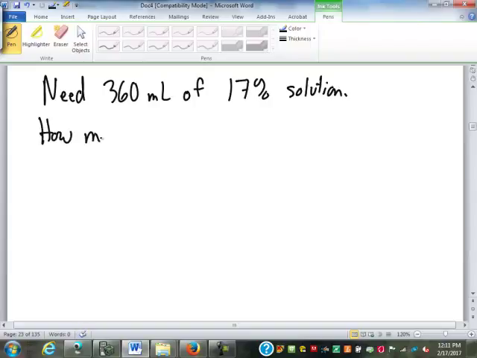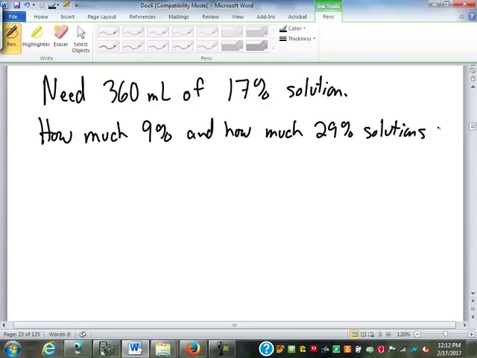So we're going to be asked, how much 9% and how much 29% solutions should be combined.